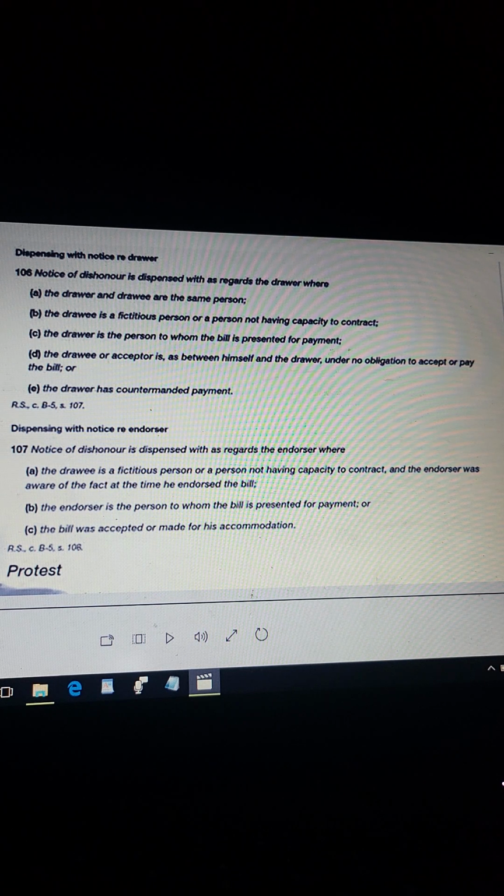C. The drawer is a person to whom the bill is presented for payment. D. The drawee or acceptor is, as between himself and the drawer, under no obligation to accept or pay the bill. Or E. The drawer has countermanded payment.